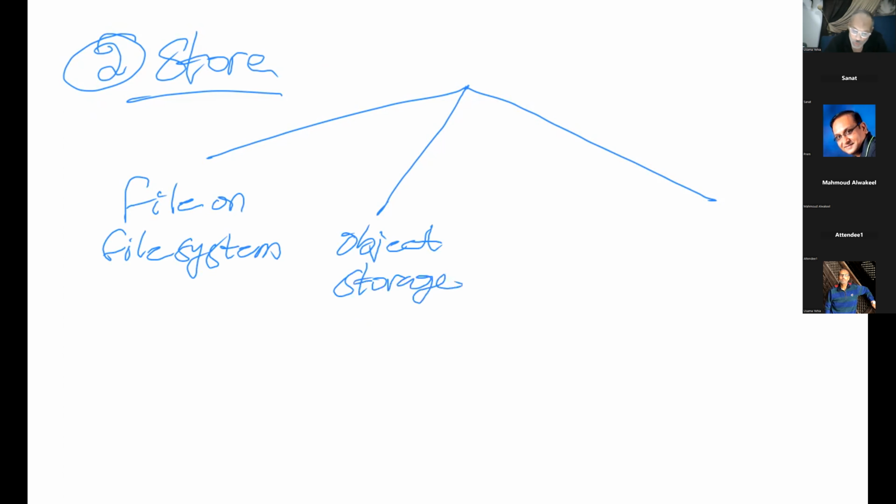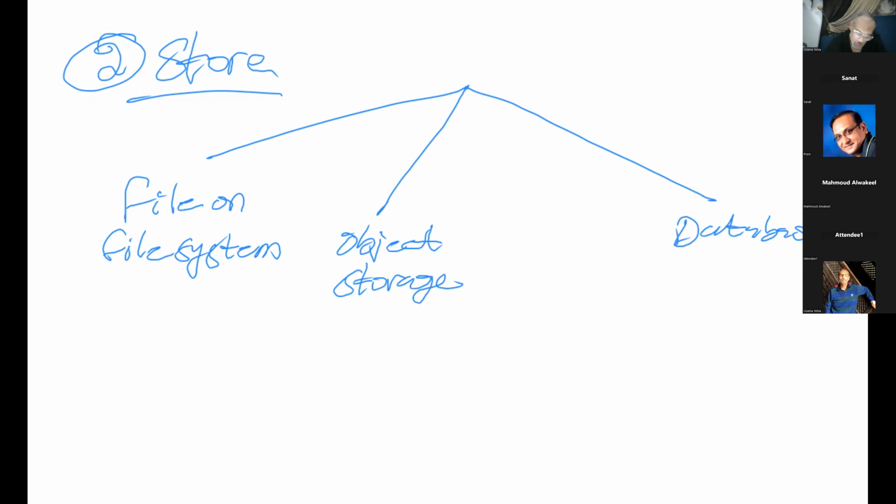Number 3, to a database. Any other method, keep it aside, because it may lead you to lose some questions. Okay? Now we defined where the data can be stored.